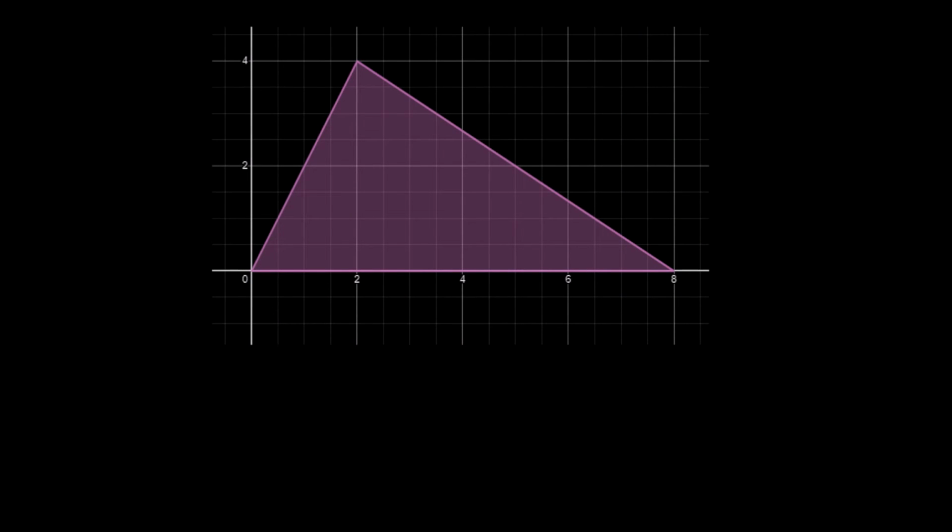So let's say we started off with a triangle, and we were given that this angle here is 50 degrees. And the length opposite that angle is 12. And we were also given that this angle here is 40 degrees.